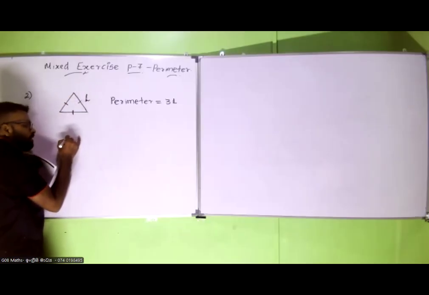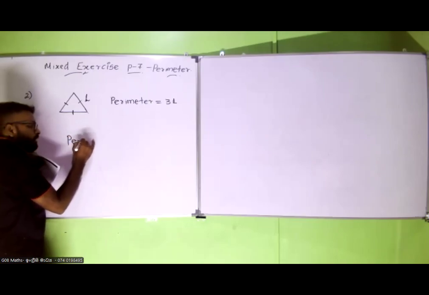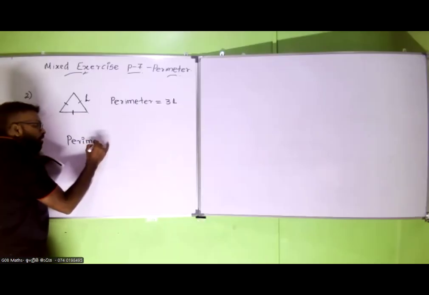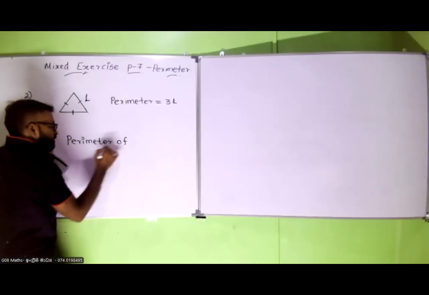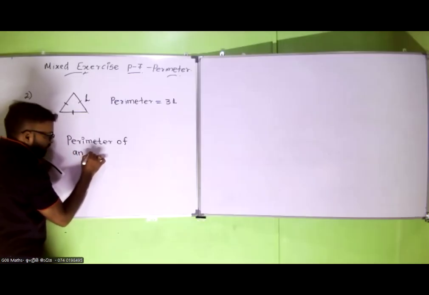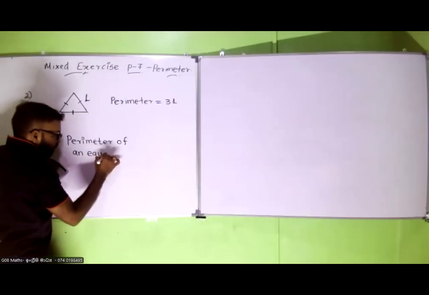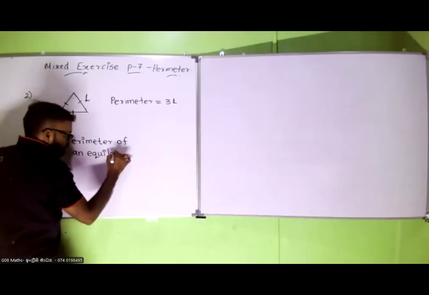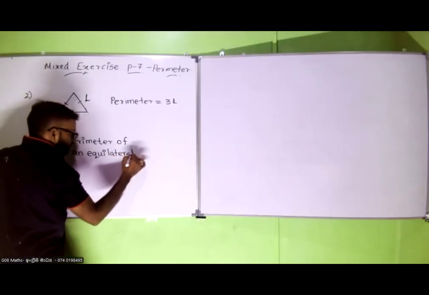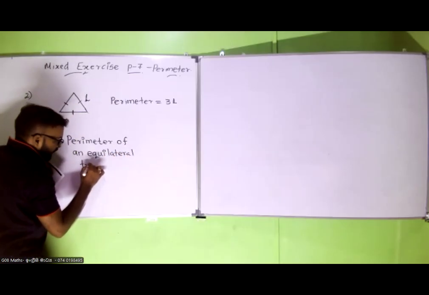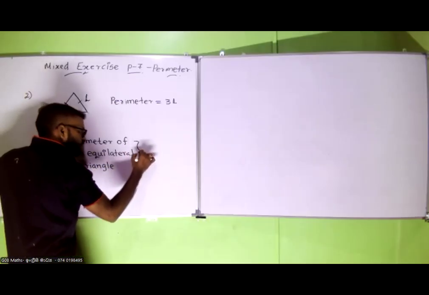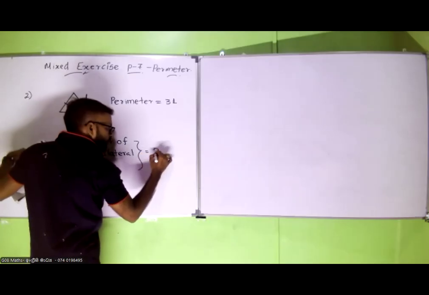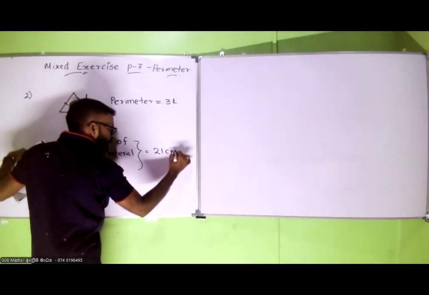The perimeter of an equilateral triangle, they have given us, is equal to 21 centimeters.